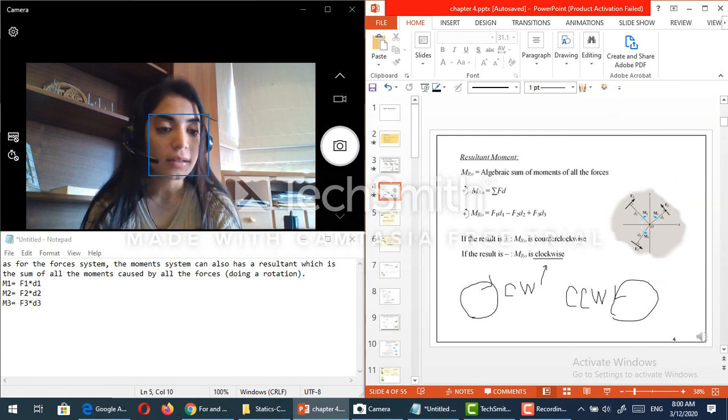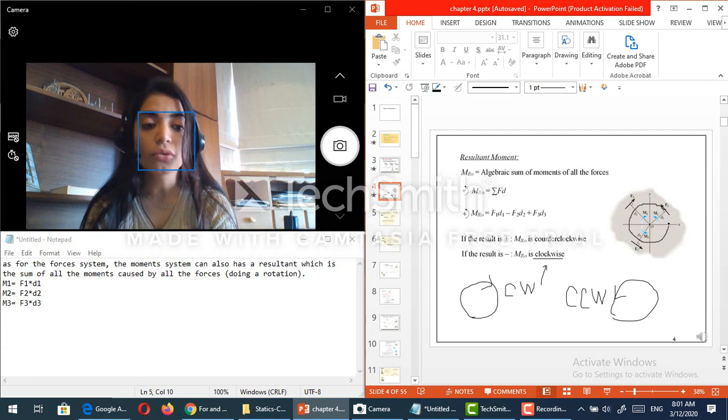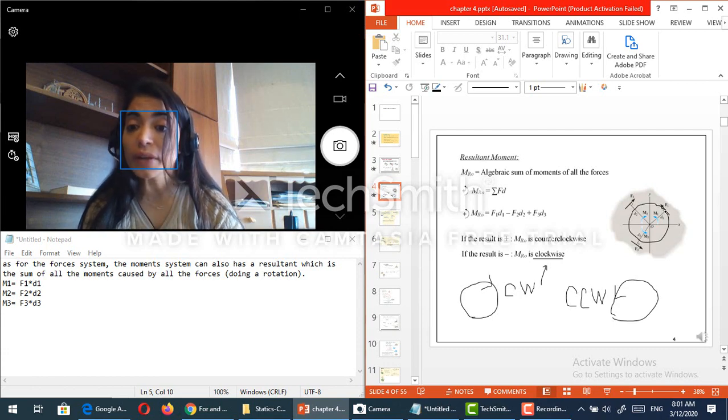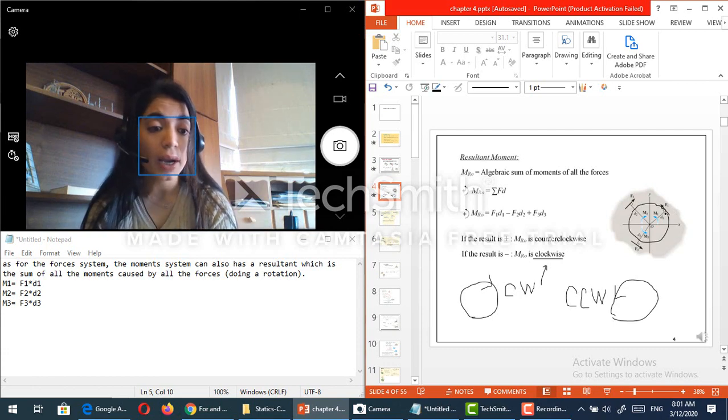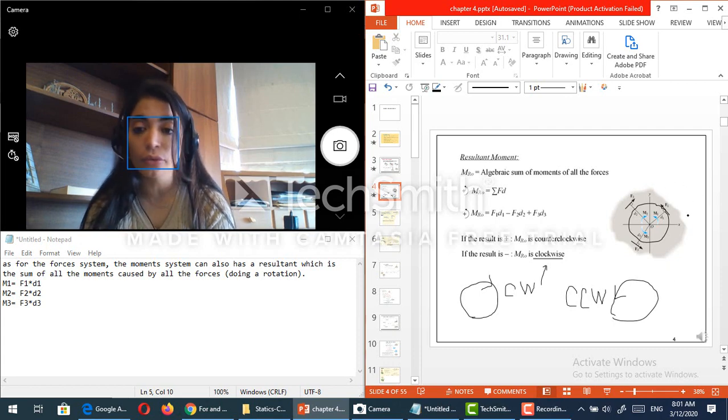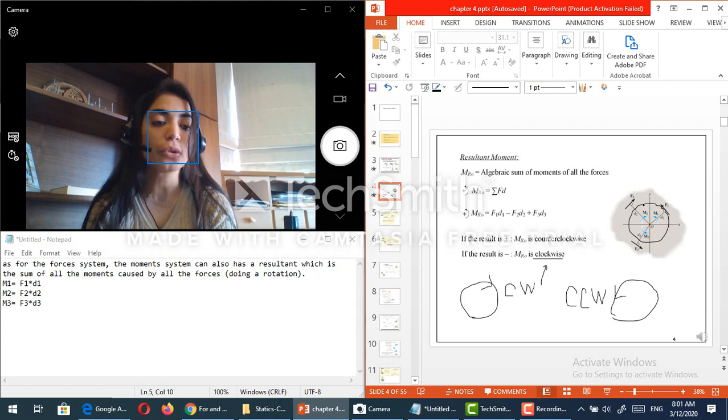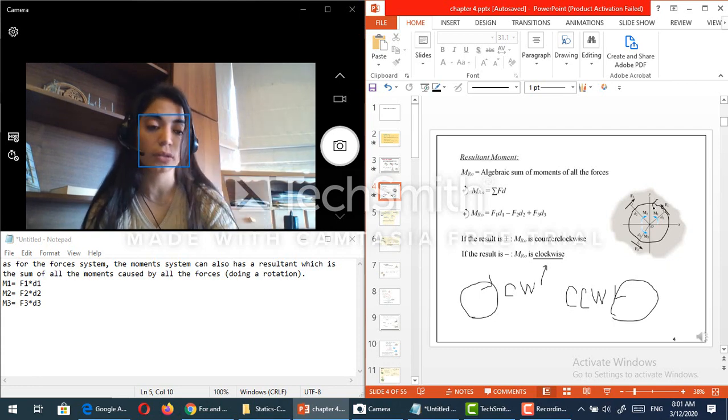So basically guys, this is the circle of rotation of F1 around O. So you should draw it around O, because I can draw another circle here, but the circle of rotation is not around O. So I should draw the circle of rotation achieved by F1 around O, and this of course will be the rotation because this is F1.